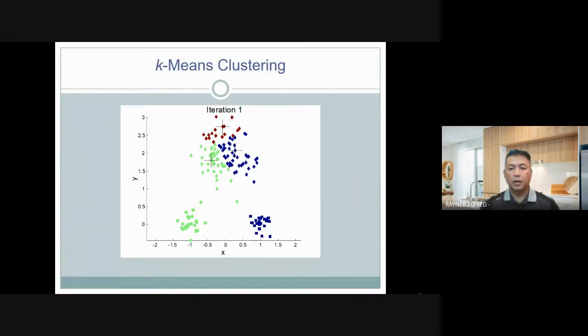Okay. So as you can see, I press the keyboard key. The center will move to the appropriate center. Okay. So what just happened is that in the first iteration, we pick 3 centers.